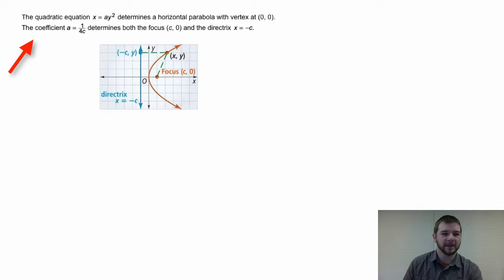The quadratic equation x equals ay squared determines a horizontal parabola with vertex at the origin. The coefficient a equals 1 over 4c determines both the focus at (c, 0) and the directrix at x equals negative c.